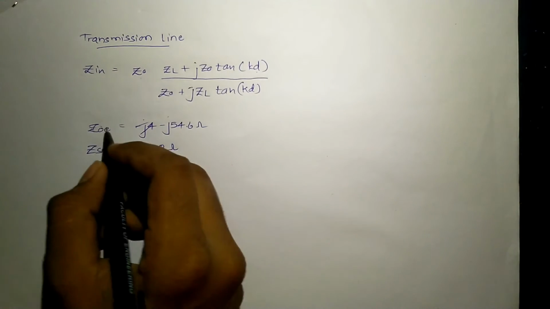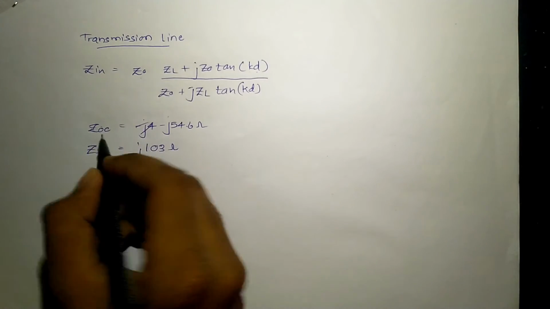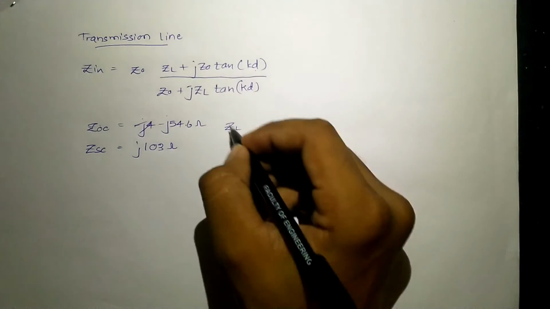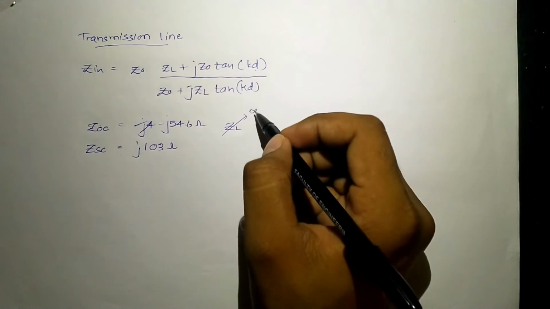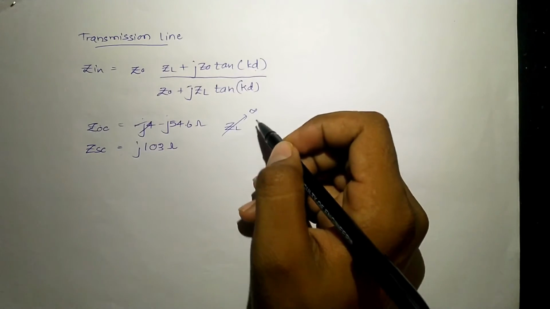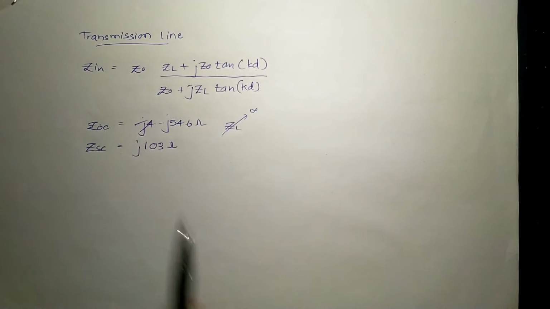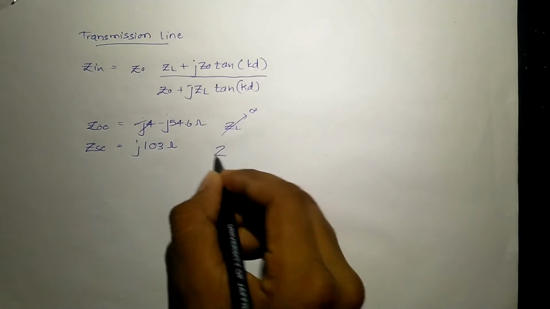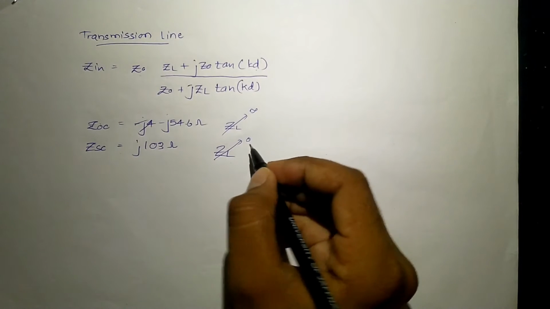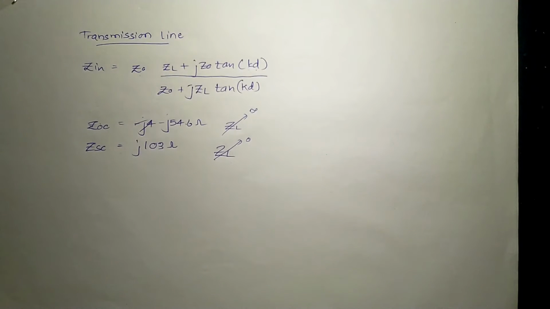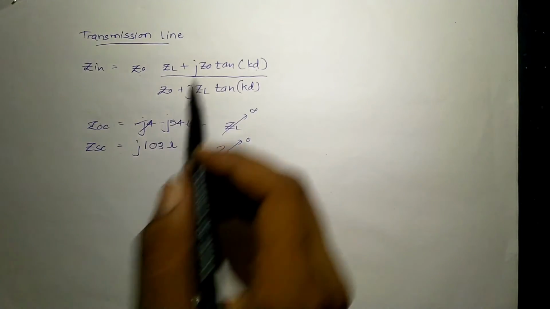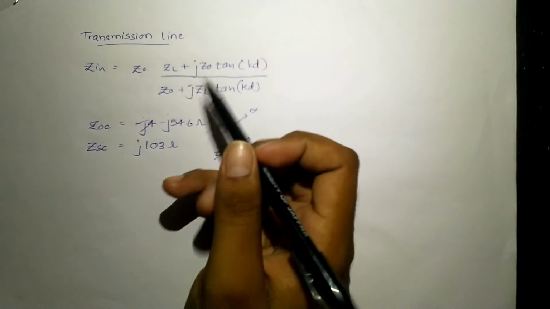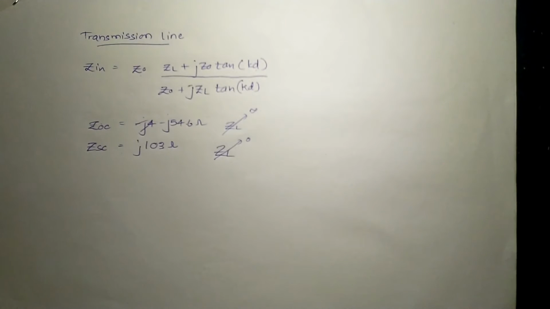In the open circuit, the ZL, the load impedance, goes to infinity, and in the short circuit the ZL is taken to be 0. So let's put these ZOC and ZSC into this equation and see how the equation is transformed.